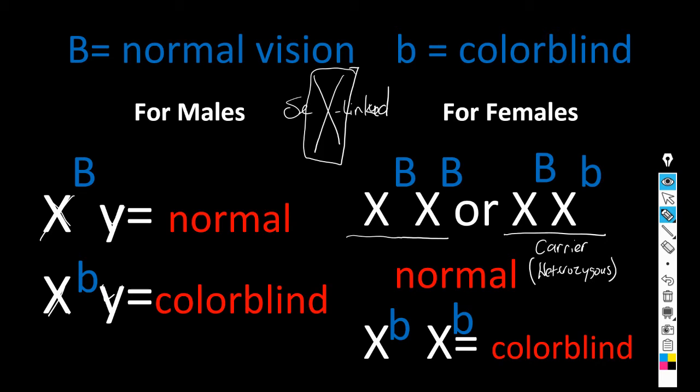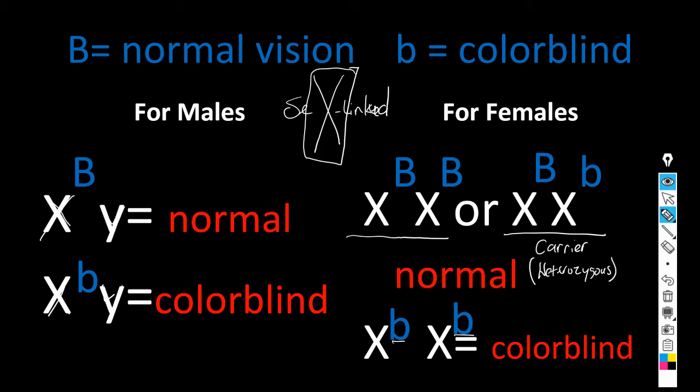Females can be carriers for these traits, however, males cannot. And then if a female is colorblind, which is extremely rare because she has to have two recessive alleles on her X's, that's the only way that she can actually exhibit that trait.